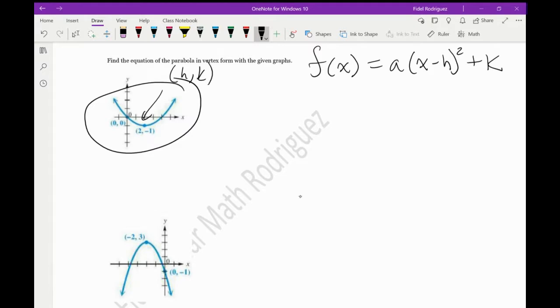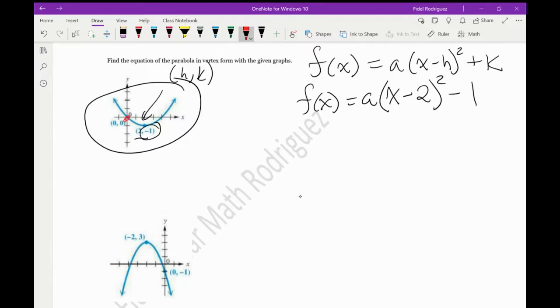I know that's my h and that's my k. So the first thing I'm going to do is write f of x equals a times x minus the number 2 squared, and then my number k is the number -1, so I'm going to put a -1 right there.